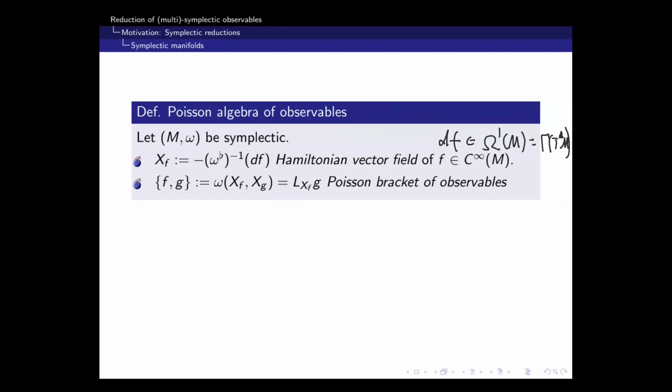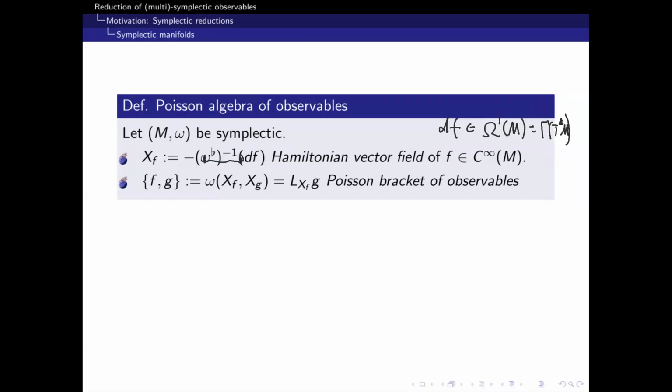And now we just use the fact that contraction into omega was a bijection to invert it and get back a vector field. This is quite a nice map from the smooth functions to the vector fields, because on the functions we have a Lie bracket, and this map is a Lie algebra homomorphism.